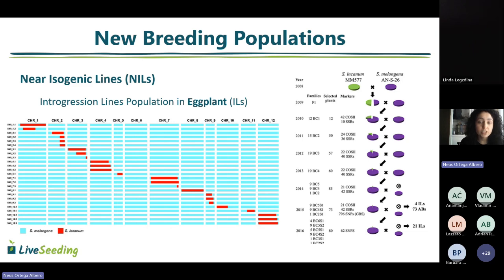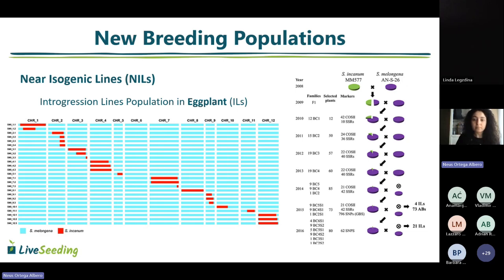On the right, you see how this population is developed. Basically, this population is obtained after one first cross, and after this first cross, the F1 has half and half the genome of both parentals. But we want to maintain the genome of the commercial variety, so we backcross to the commercial variety and select in each backcross the lines that contain the phenotypic trait and the genetic associated marker that we want.